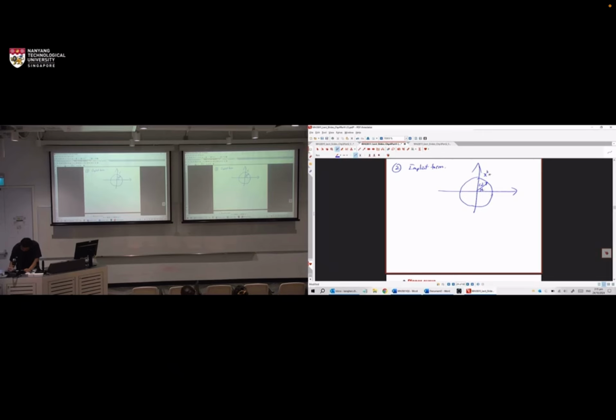This is a circle, x squared plus y squared equals 1. So this is what we call the implicit form.